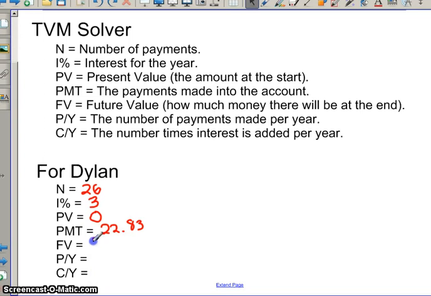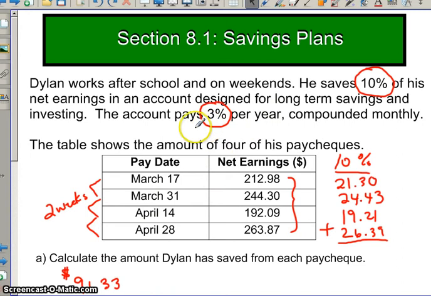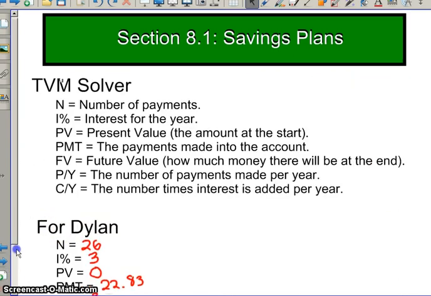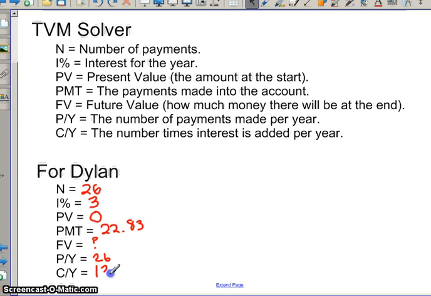Future value, this is what we're finding out. We're not sure of that. That's what we want to know. He's going to have 26 payments per year, and it's going to be compounded. Well, let's check the question here, and it says that the account pays 3% per year, compounded monthly. So right away we know that there's 12 months in the year, and so we know there's going to be 12 compounds for the year.